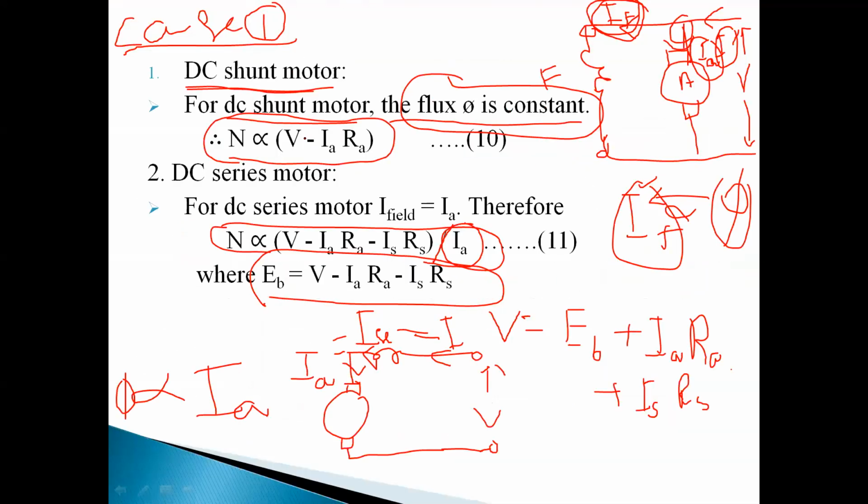See, for this equation, N is proportional to V minus IA RA.